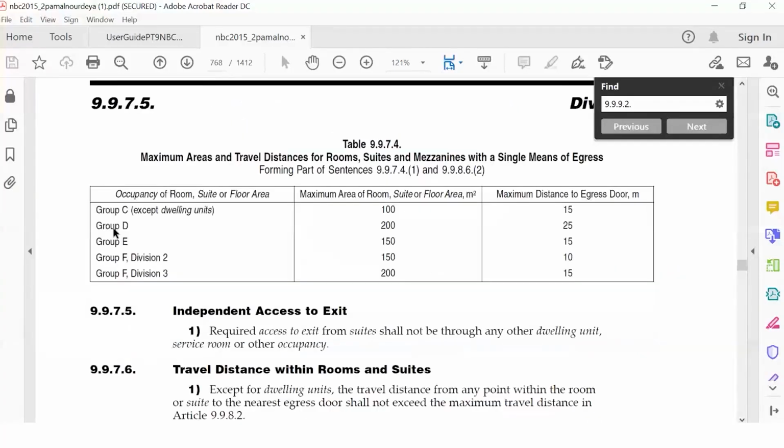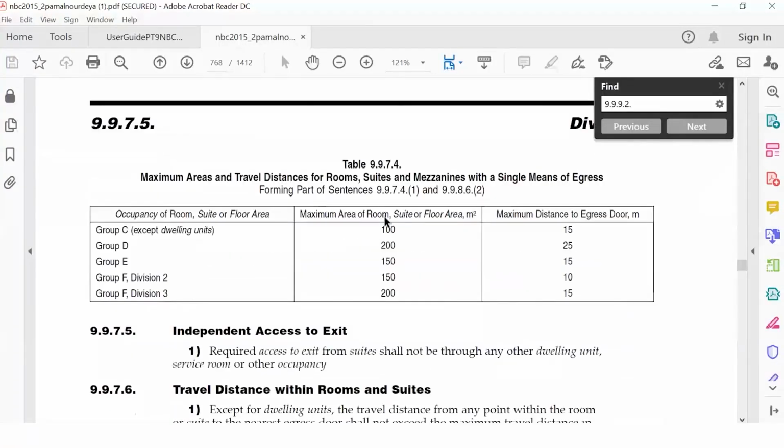Table 9.9.7.4 is telling us that, except for dwelling units, if I am in a Group C building, I've got a maximum area of 100 square meters. More than 100 square meters, I need 2 egress doors. The maximum distance to an egress door also applies, so both need to be met to allow a single means of egress. If I exceed either, I need 2 egress doors. For Group D, I can have up to 200 square meters and a maximum distance to an egress door of 25 meters, and I need only 1 egress door.